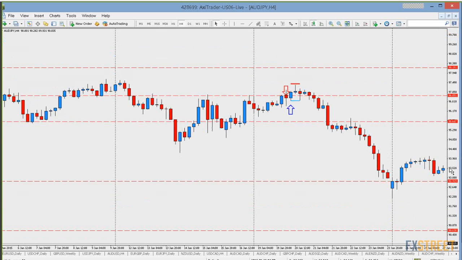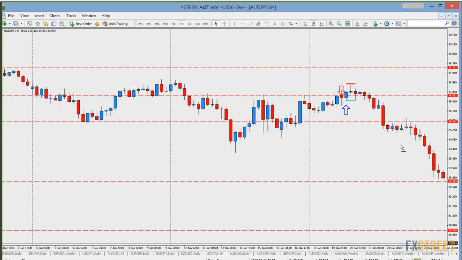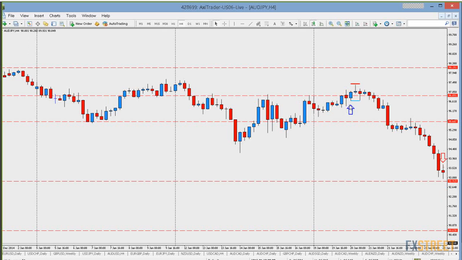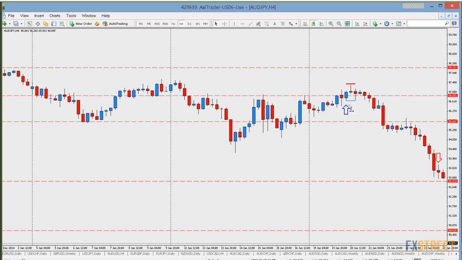Now, let me point out this little situation over here, and let me ask you something. Notice what we have over here. We have a candle right here that I've marked with the red arrow, and then we have another candle right here that I've marked with the blue arrow.